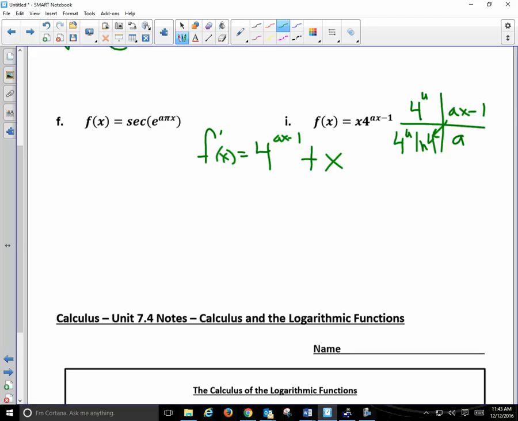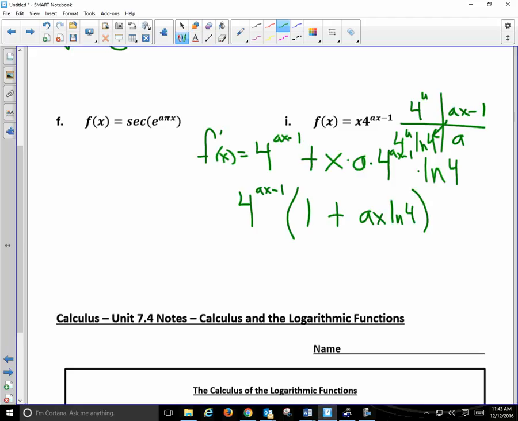Okay, anomaly times a times 4 to the ax minus 1 times natural log of 4. If you want to factor out the 4 to the ax minus 1, you can, and you get 1 plus ax natural log of 4.